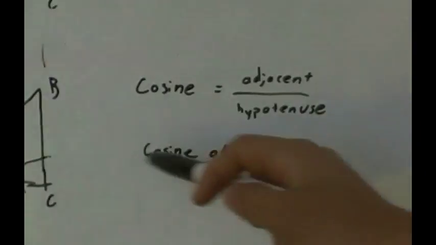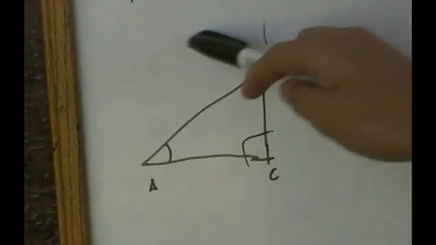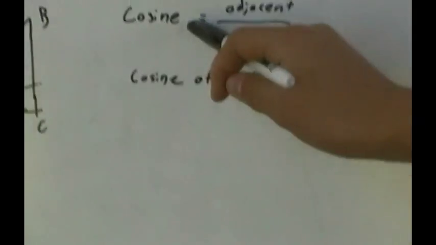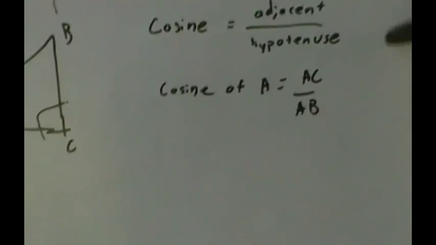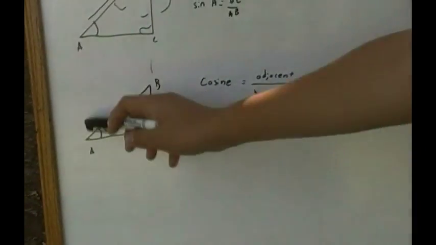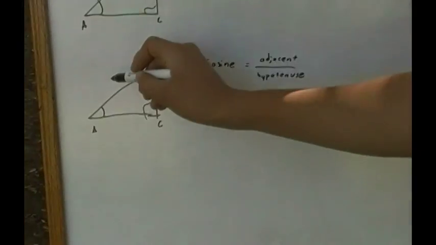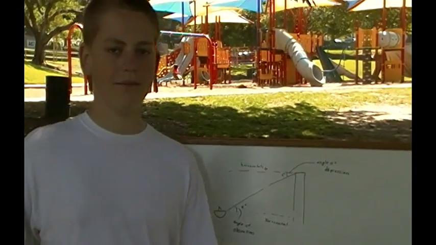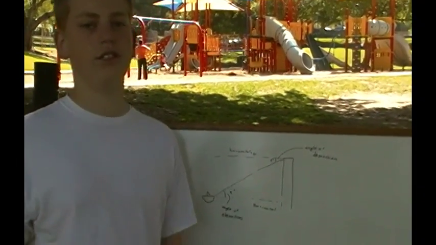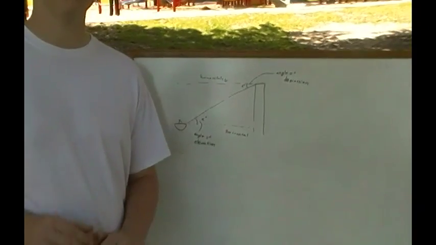And cosine of angle A is AC over AB. Cosine of a certain angle is the adjacent leg of a certain angle over the hypotenuse. For example, like this. Hi, my name is Ethan, and today I'm going to teach you about section 8.7.